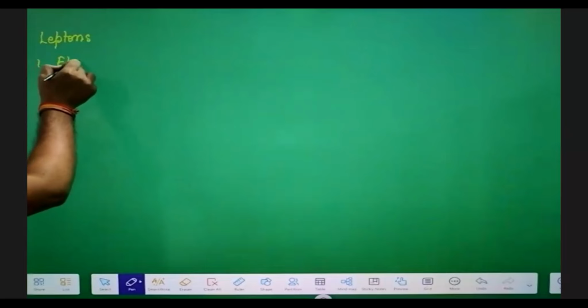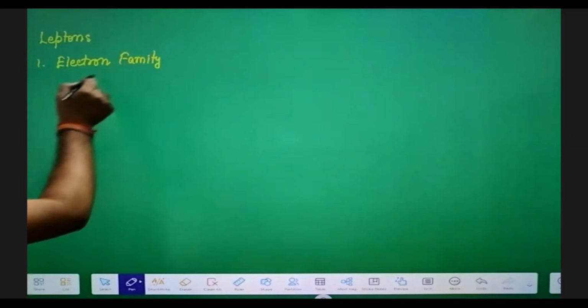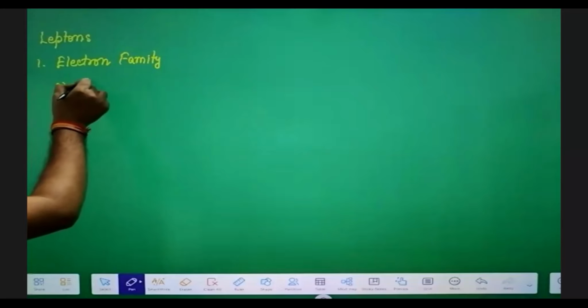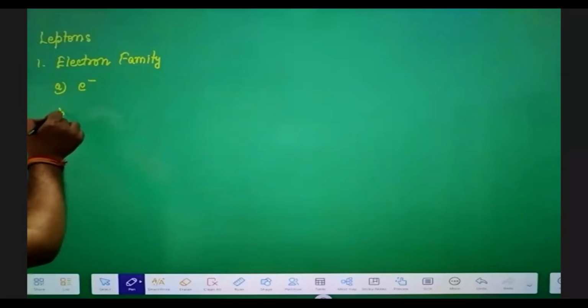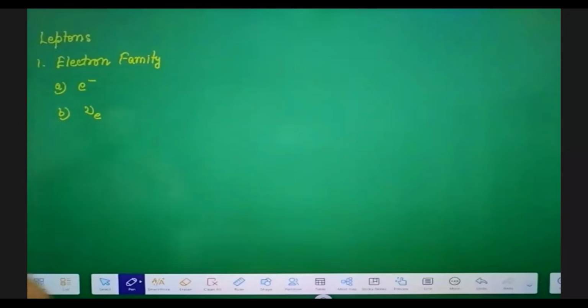Number one, electron family. Electron family will have two particles. First is electron. Second is electron neutrino.